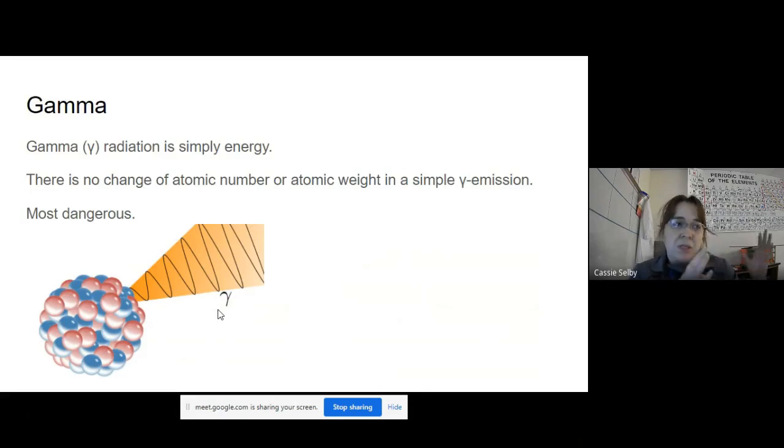So it would be the same element again, and it would be releasing energy. To pick it out, you would depict it by this little symbol that looks like a funny Y to me. But that's gamma radiation, and that is the most dangerous.